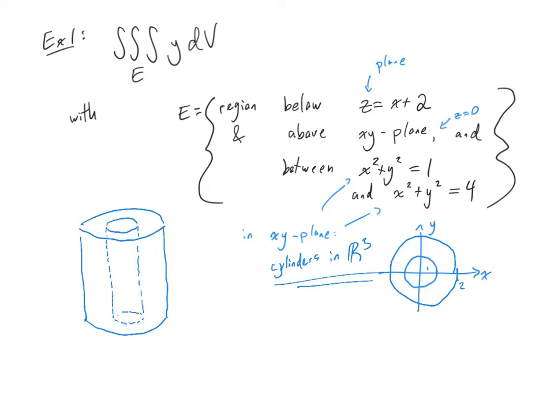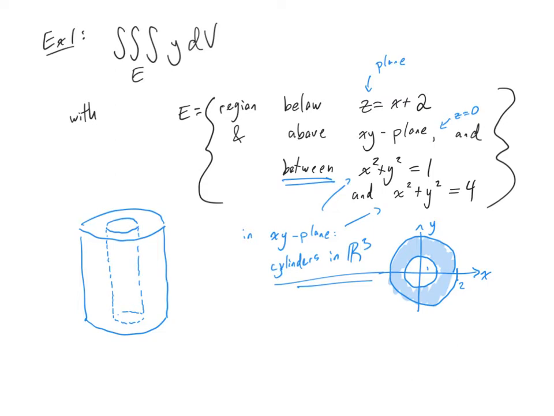I'm looking at the region in between these two cylinders, and in this plane, that's this region here. Over here, it's filling in between these two cylinders. So it's a little cylindrical shell starting at radius 1 and going out to radius 2.